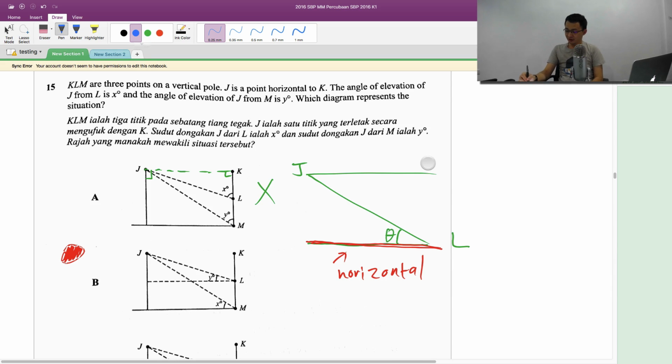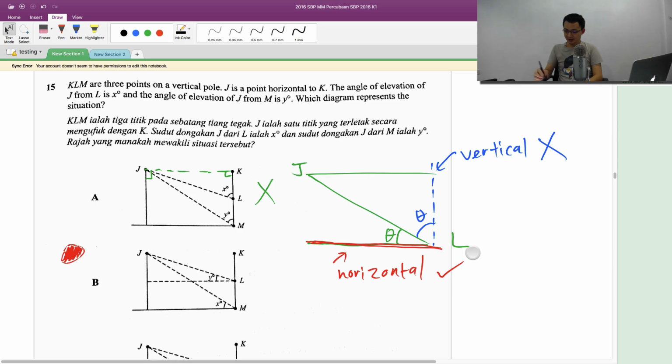If you accidentally choose this angle, you know it's wrong because this blue line is called vertical. In this topic, depression or elevation, you never choose the vertical line. You always choose the horizontal line. So you must make sure you have the horizontal line.